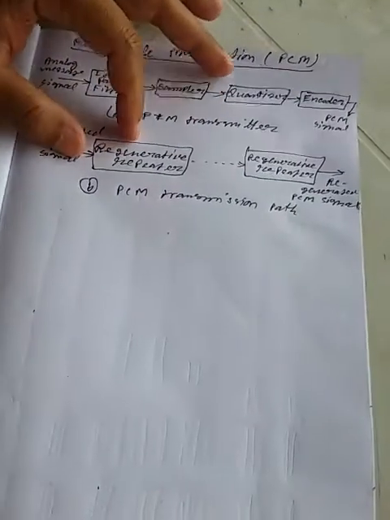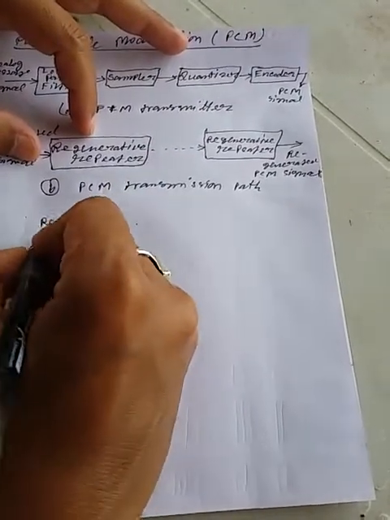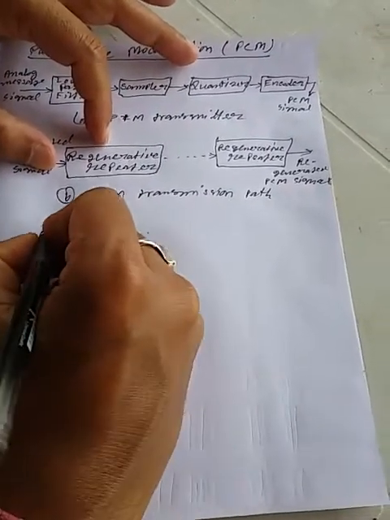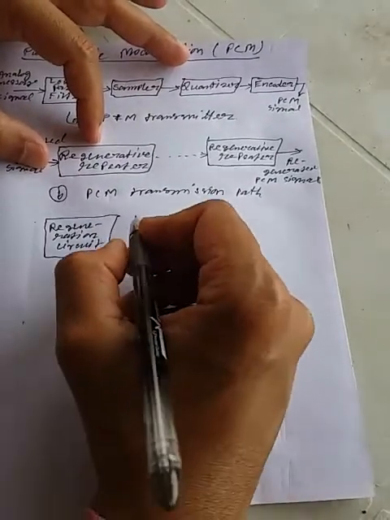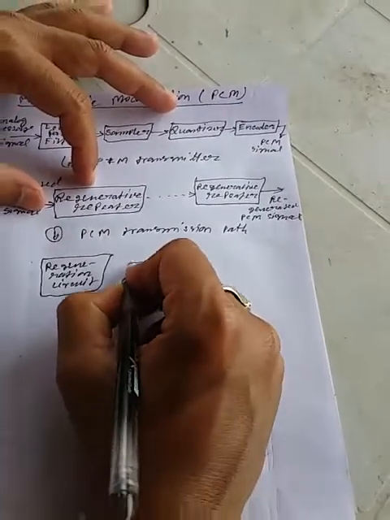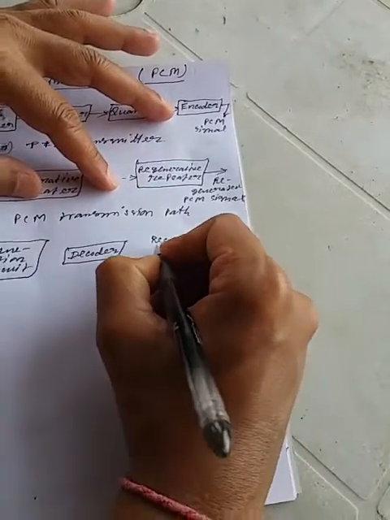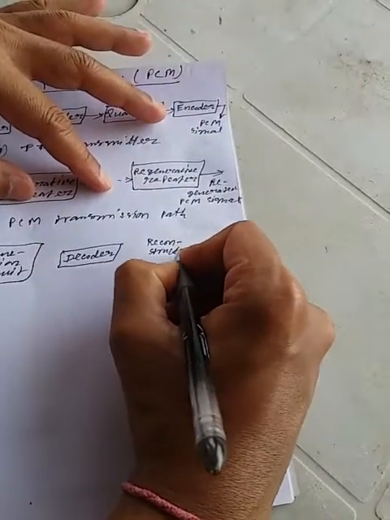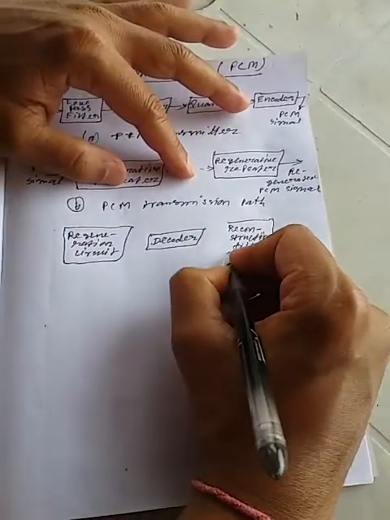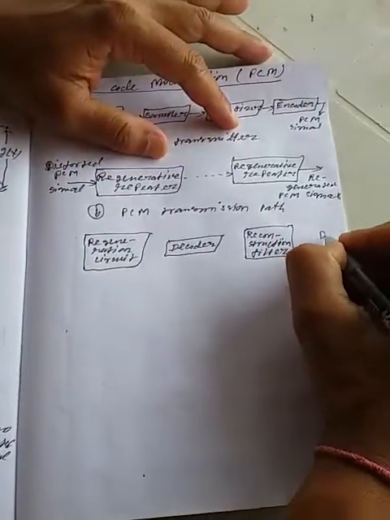Now in the receiver path there are a regeneration circuit, then after that decoder, okay, after that the reconstruction filter, okay, after that reconstruction filter, the destination point.